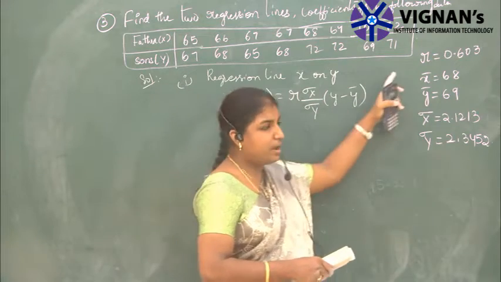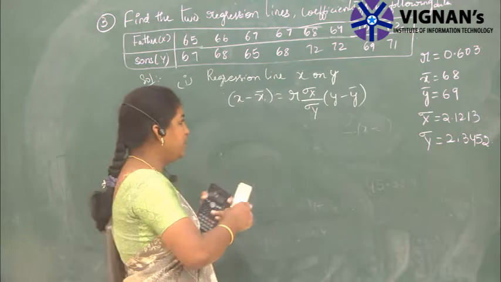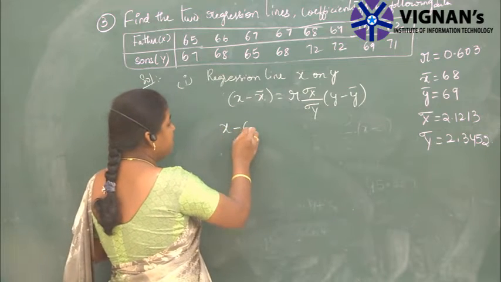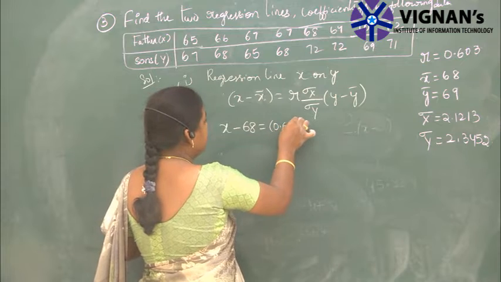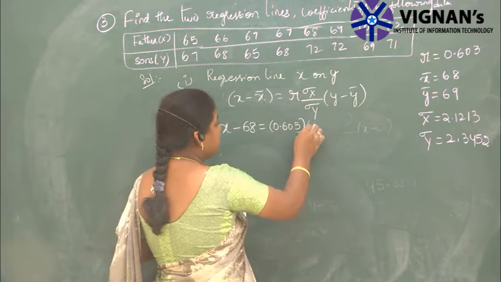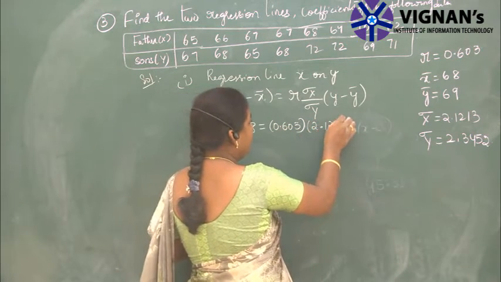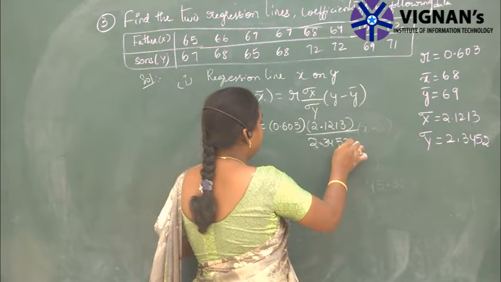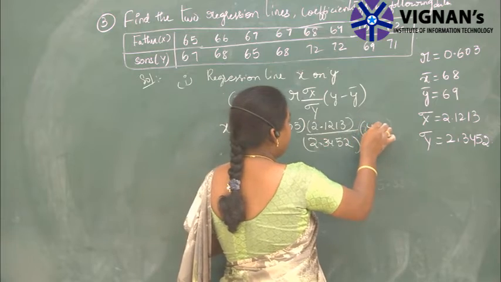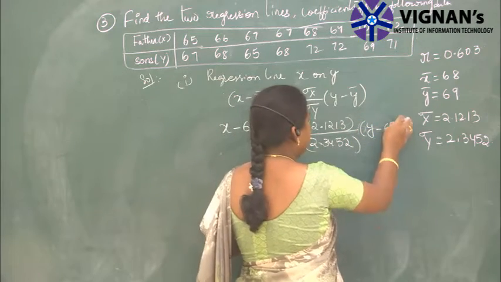All values we have here, we are substituting, we get x minus 68 equal to r is 0.603, sigma x is 2.1213 by 2.3452 into y minus y bar is 69.